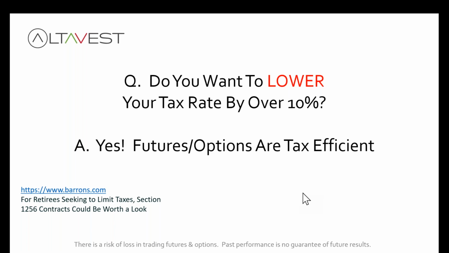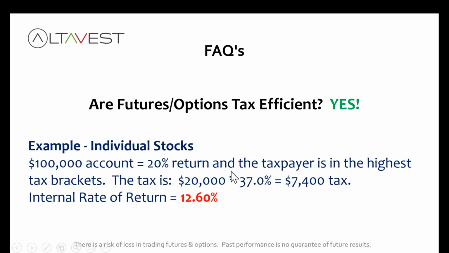So tax efficiency, if you didn't know it already, futures options are tax efficient. Your combined tax rate can be reduced by about 10% on your investing and trading, just because you're trading futures options. For example, in the math here, if you're trading individual stocks, you get a 20% return on $100,000.